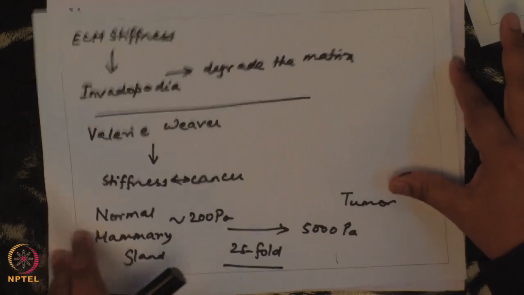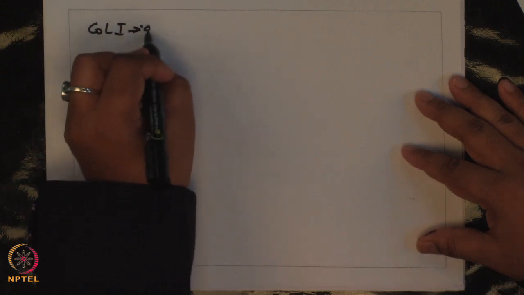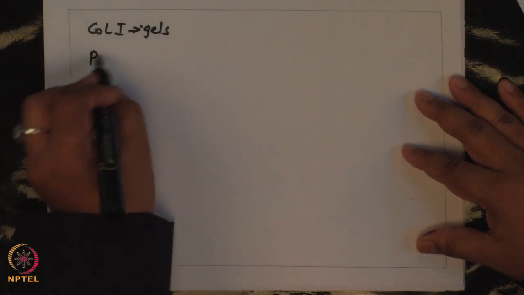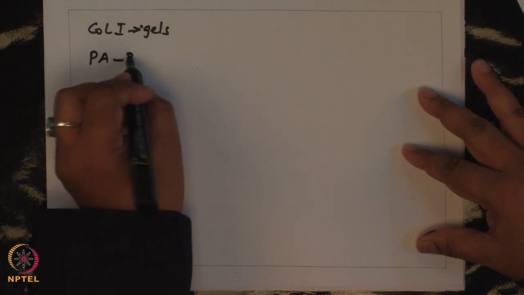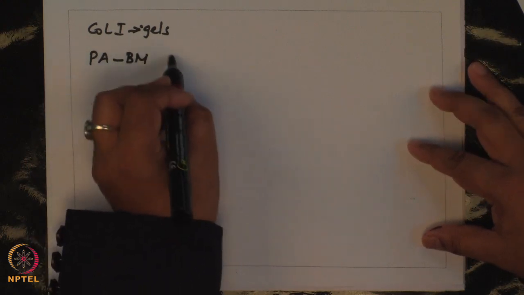To ask what the effect of this altered stiffness is on the organization of mammary epithelial cells, she used two different systems: collagen 1 gels and polyacrylamide gels functionalized with basement membrane, of varying stiffness.